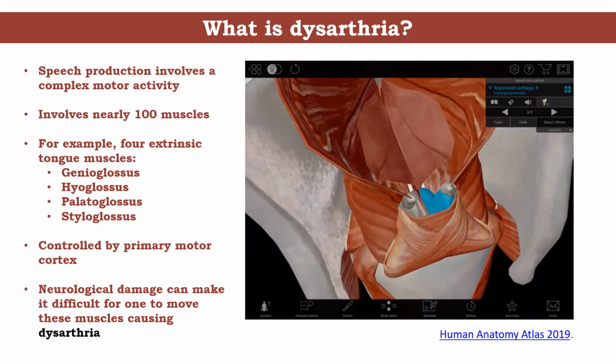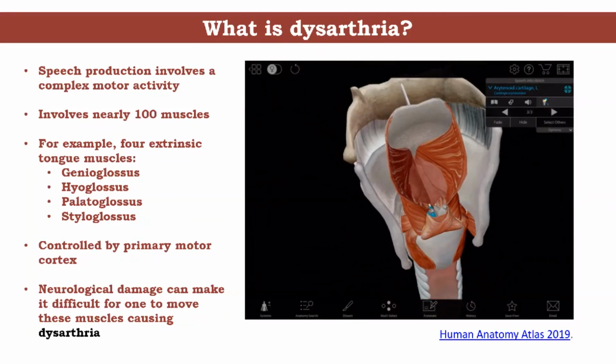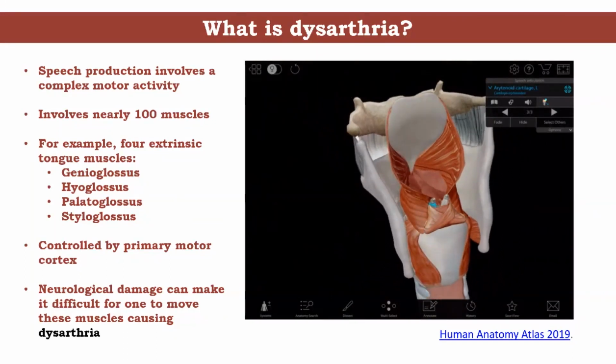So anything going wrong in this process can cause a disorder in somebody's speech. Any neurological damage, for example, will make it difficult for somebody to move any of these organs, or articulators as we call them, particularly the tongue, jaw or lips. Once that happens, these muscles become weak, or because of the neurological condition the muscles are no longer active.